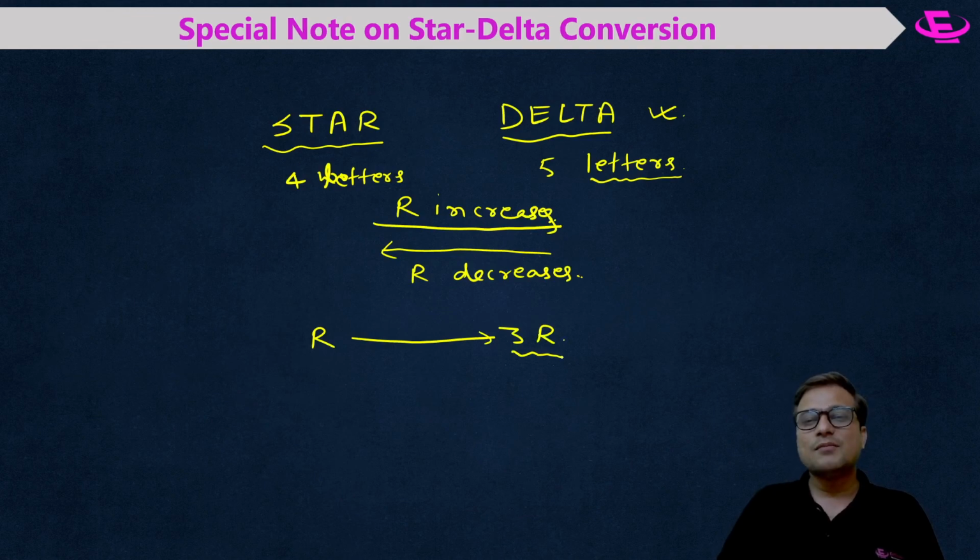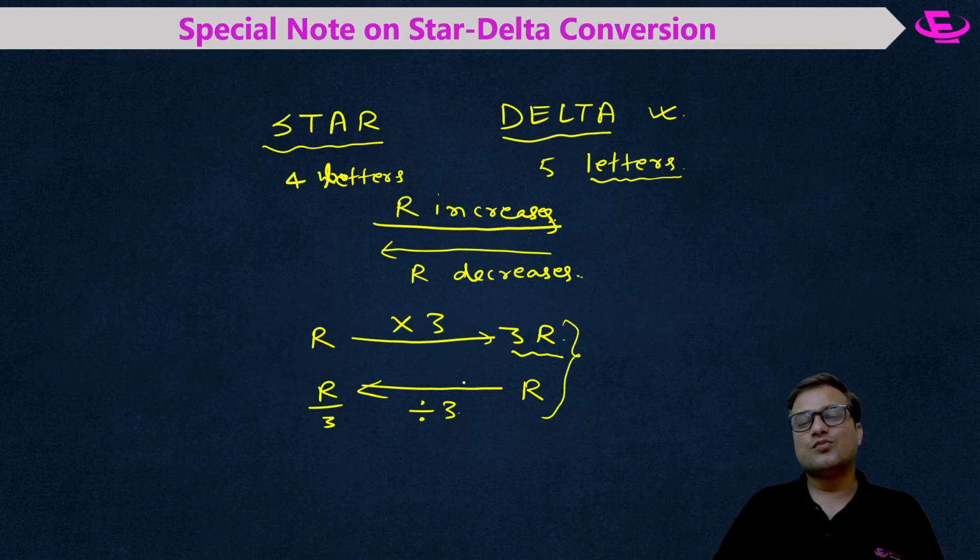It will be directly multiplied by 3. Similarly, if you come back from delta to star, if in delta it is R, then in star it will become R by 3. That means for star to delta it will be multiplied by 3, and for delta to star it will be divided by 3. So please remember these points.